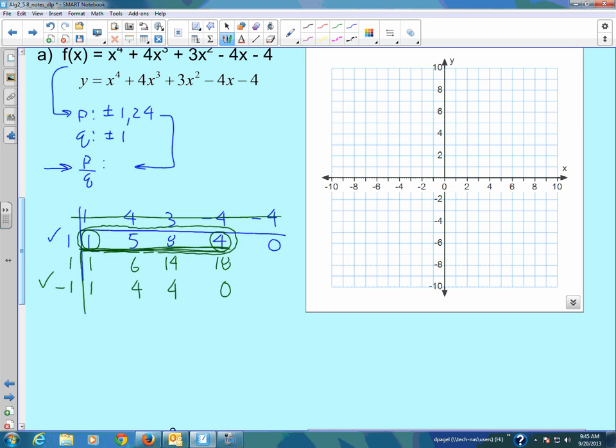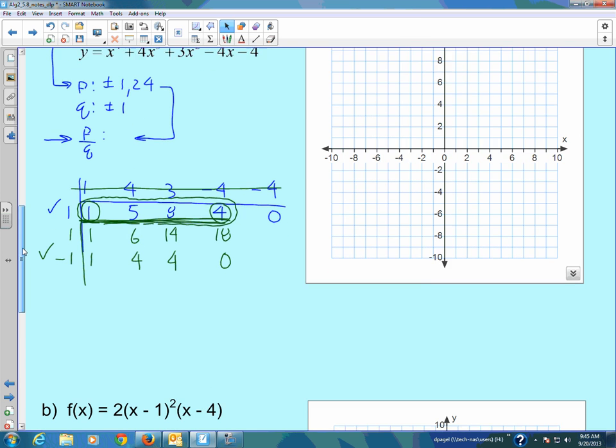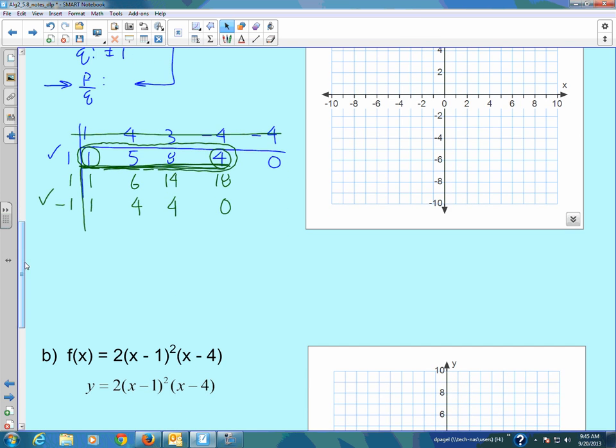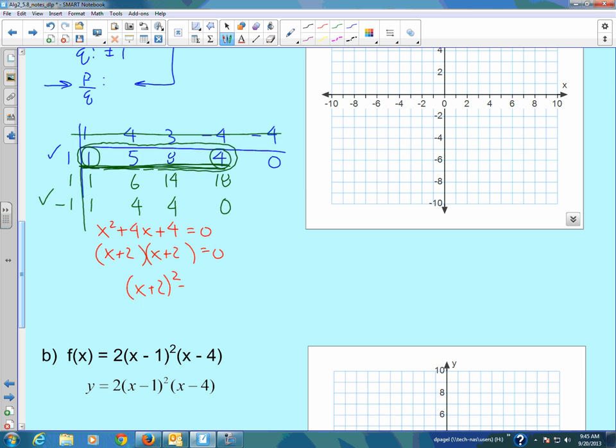Okay, now at this point, we have gone from a quartic down to a quadratic, where this is x squared plus 4x plus 4. Now we can set this quadratic equal to 0. If it factors, great. If it doesn't, we can just use the quadratic formula. This one does factor, and it factors into a quantity x plus 2 squared equals 0.